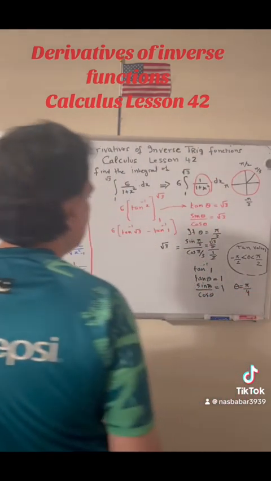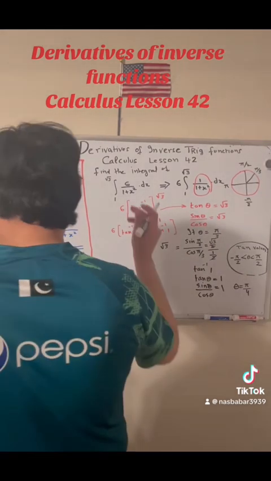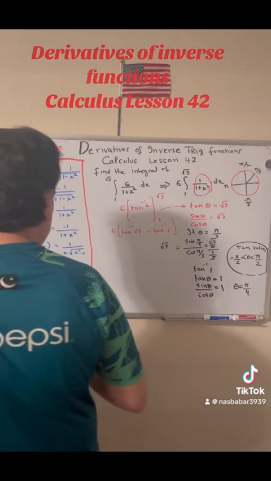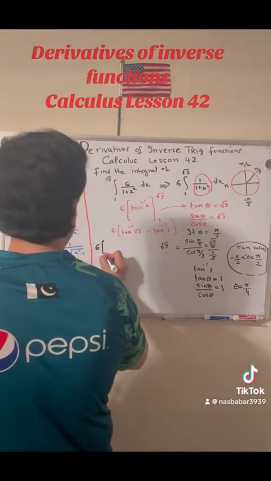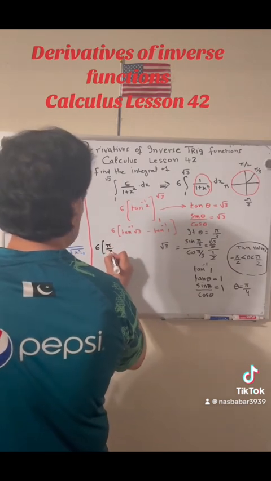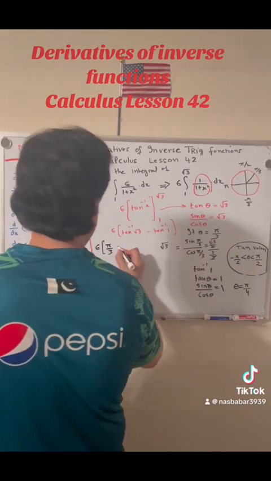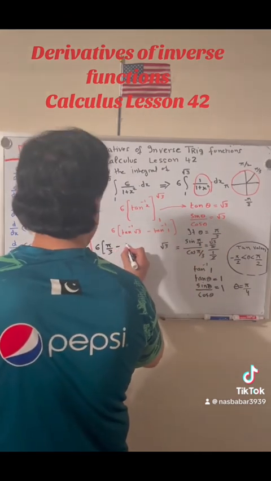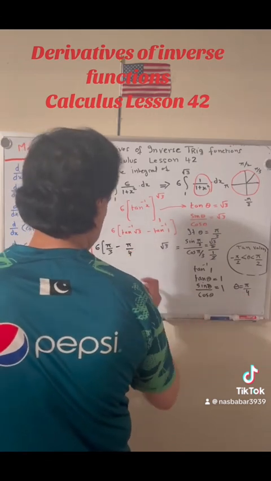All right, easy peasy. Now we go back to the integral and we say 6 into pi over 3, because that's what we came up with, and then minus pi over 4, because that's what we came up with right here.